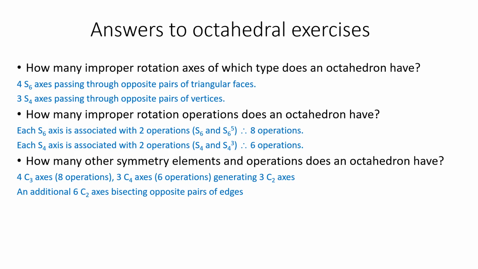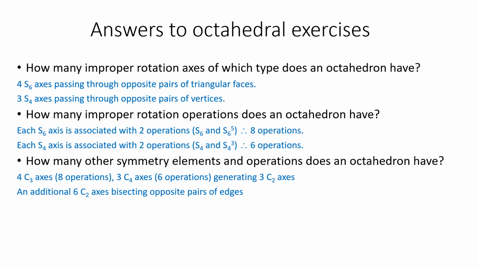We can have C2 axes that just bisect opposite edges. If you think about it, an octahedron has got 12 edges altogether. And because of the symmetry of the thing, we can think of those as all equivalent, and as 6 opposite pairs of edges. And there'll be a C2 axis going through each opposite pair. So there'll also be 6 of these C2 axes bisecting opposite pairs of edges.